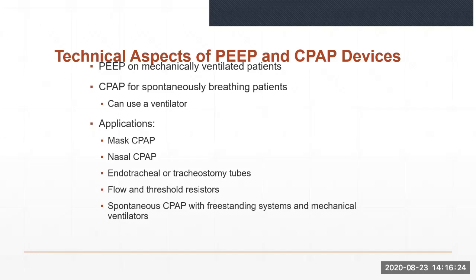CPAP can also be delivered to spontaneously breathing patients using a freestanding setup, such as one without a mechanical ventilator. It is important to recognize that using freestanding CPAP devices carries a potential liability because these devices are usually homemade and have not undergone a formal evaluation for approval by an authorized independent agency.